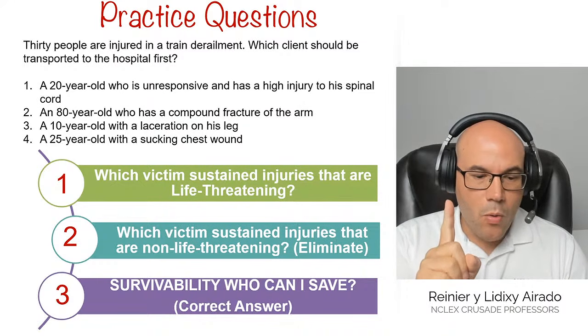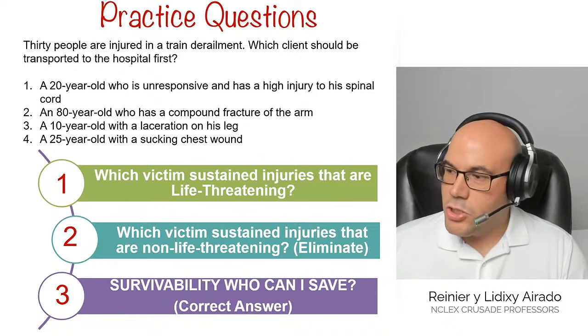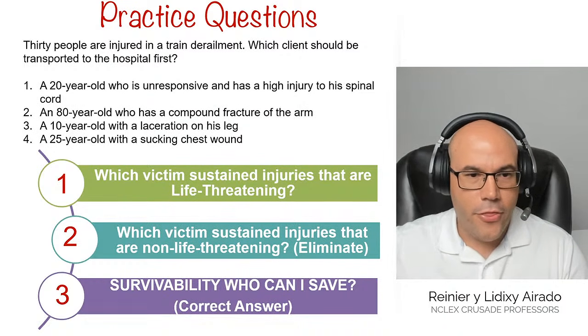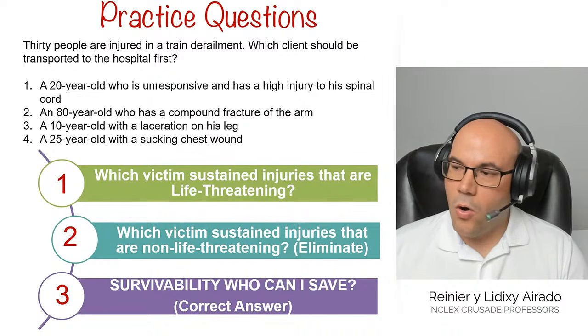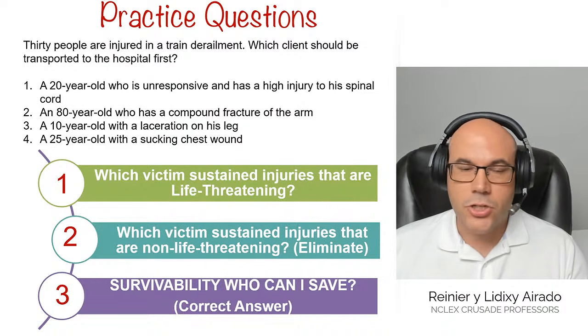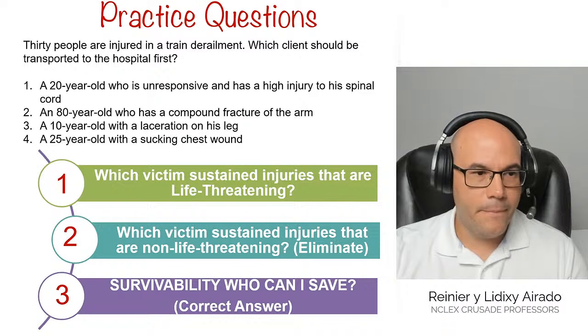So in step number 1, you have to identify which victim sustained injuries that are life-threatening. So let's go one by one and determine which answer is a life-threatening injury.